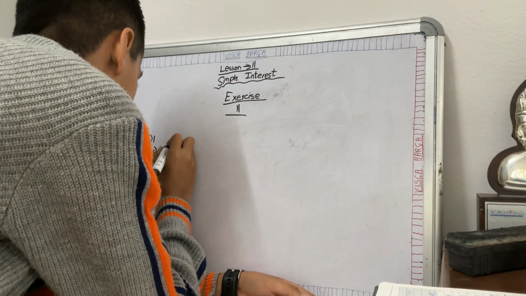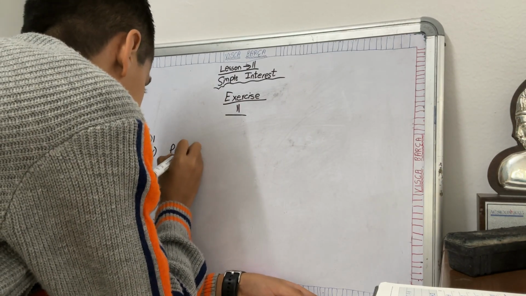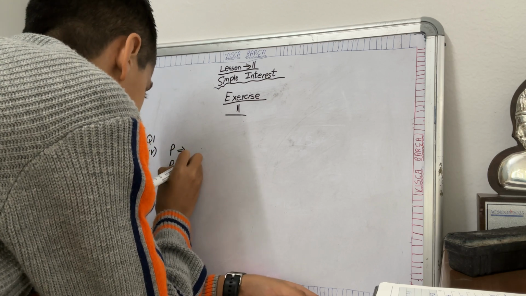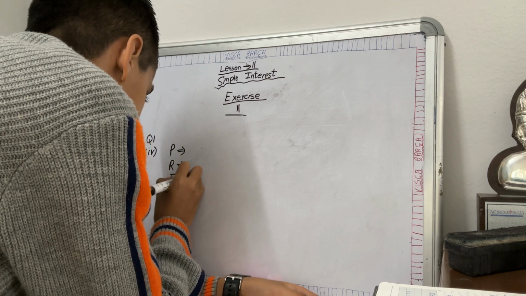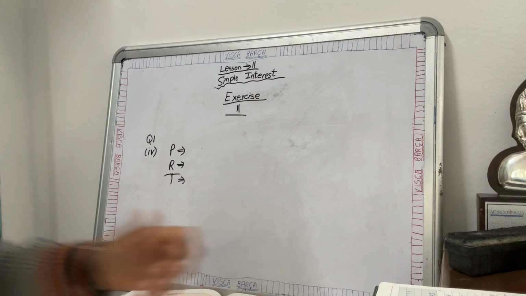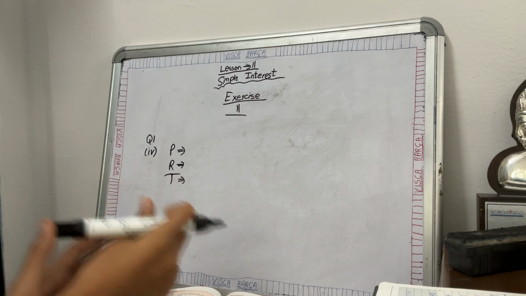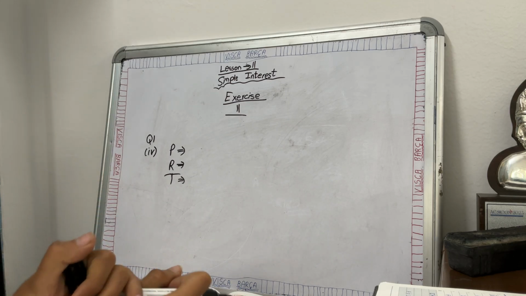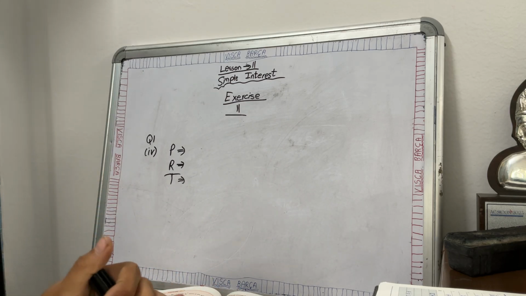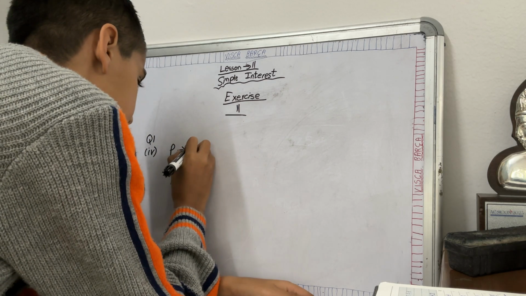So given is P, R, and T. Now we'll note down all the things which are given. P is equal to 3,380 rupees.